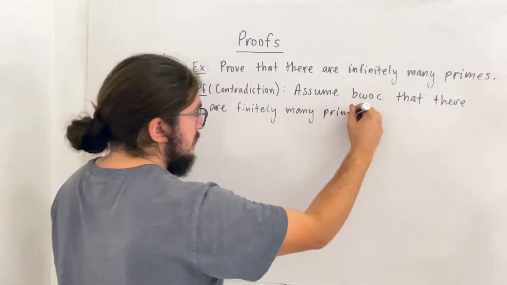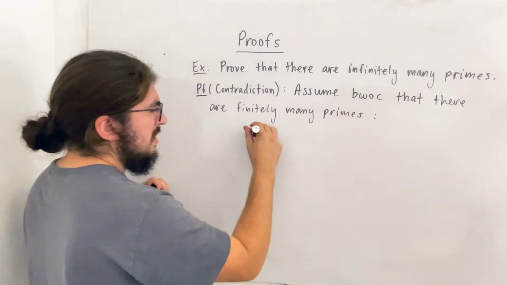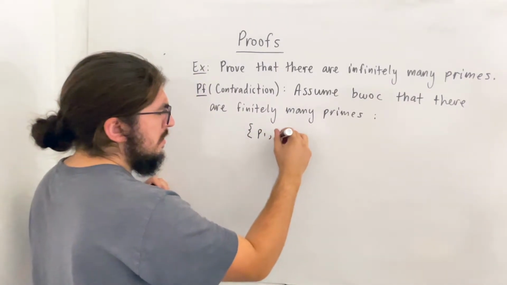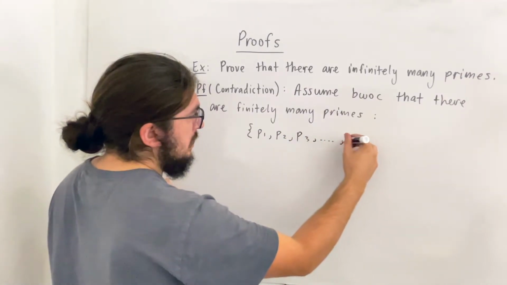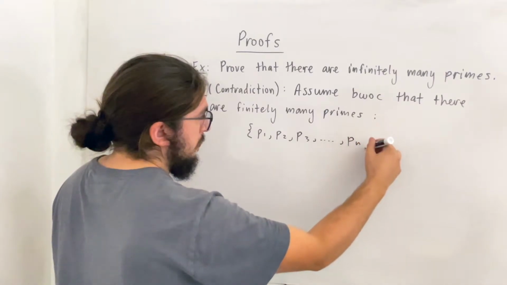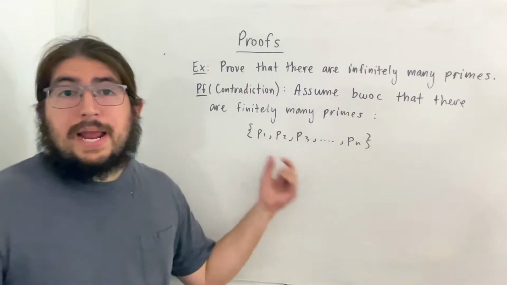And in fact, we are going to write them in a list: P1, P2, P3, all the way up to P sub n. Okay? Now, these are n many primes.